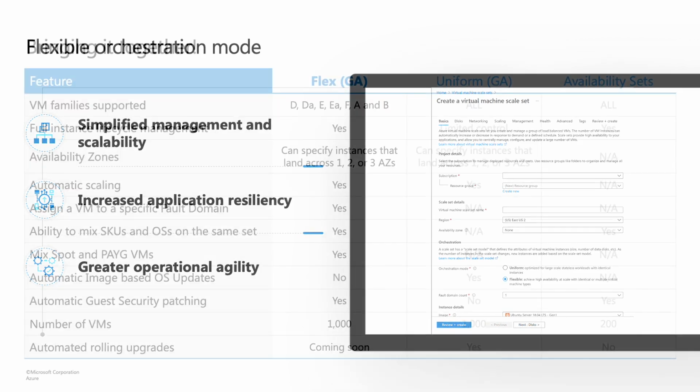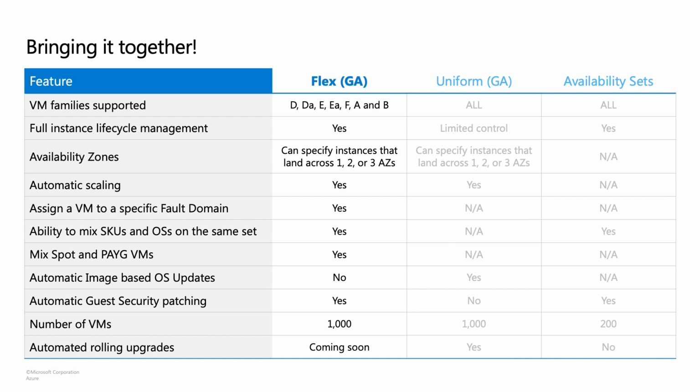Let me talk about what VMSS Flex, the flexible orchestration mode, so we call it VMSS Flex, is bringing to the table. As we are announcing GA today, it has been in preview for some time. We've learned a whole lot from our customers who've deployed availability sets, who've deployed VMSS today, which we call uniform orchestration mode. And we're bringing the goodness of both of those constructs with the update to VMSS within VMSS Flex.